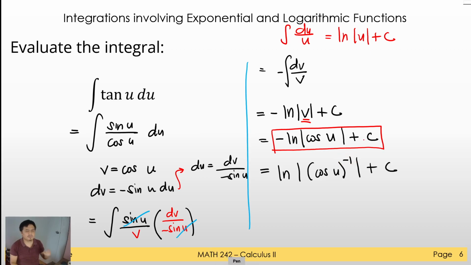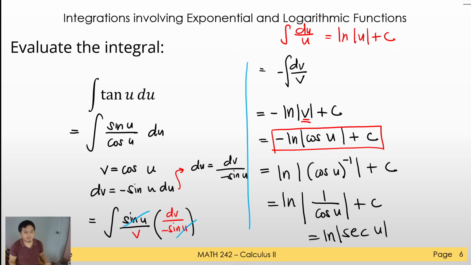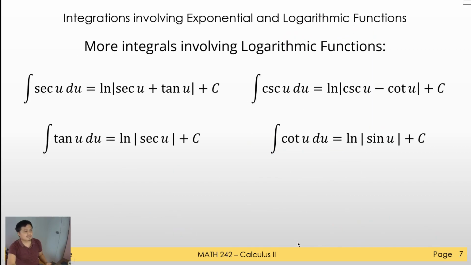Basically, this means ln of 1 over cosine u plus c. And what is 1 over cosine u? That is secant. So we have ln secant u plus c. We can use this formula for solving our integrals.